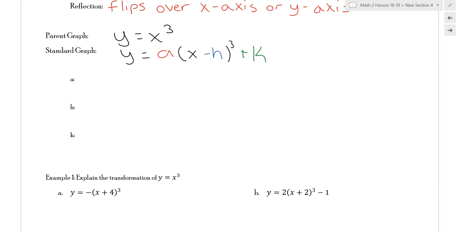So if I have a number in a, what that does is it stretches or shrinks the graph vertically.